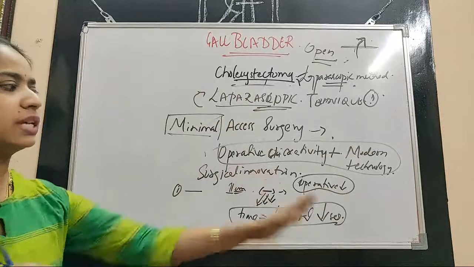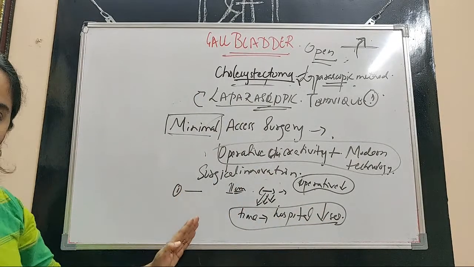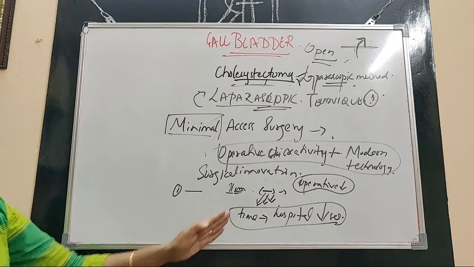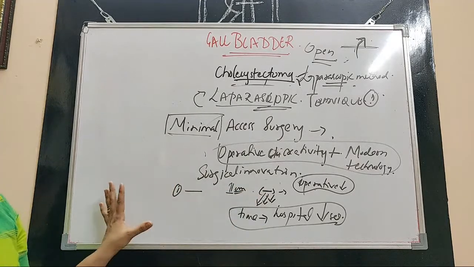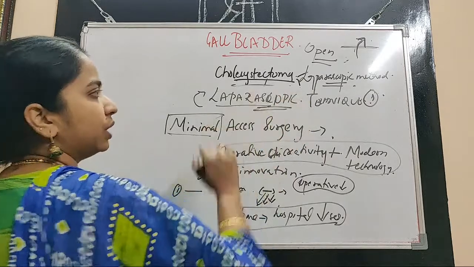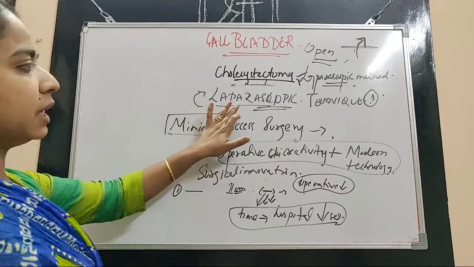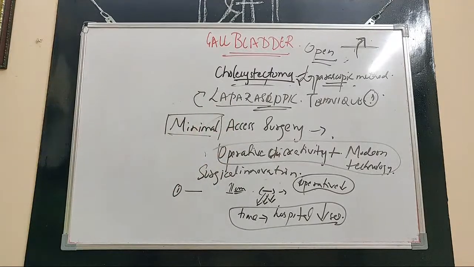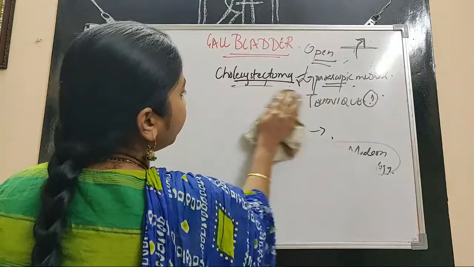Usually when the wound is larger, as we discussed already, the wound acquiring infection is also more. Here it is less. Wound dehiscence and all the complications of the open technique can be curbed by adopting a laparoscopic technique. So this is the basic advantage of laparoscopic technique over the open procedure.